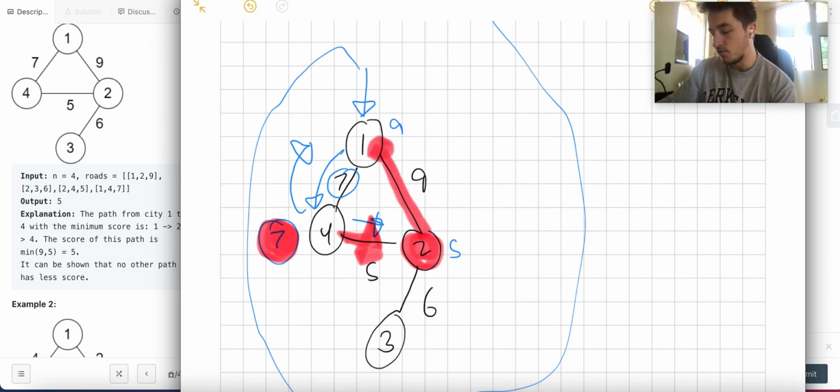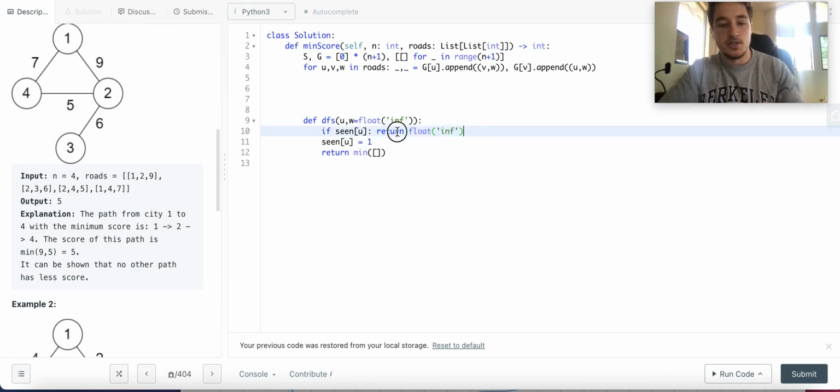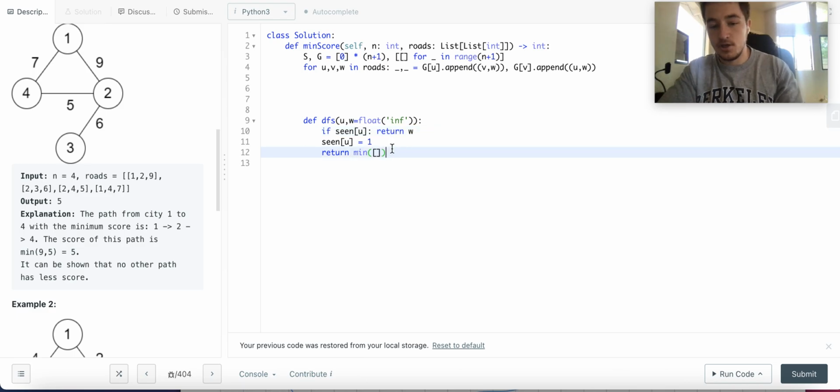But this has already been traversed, so it would return infinity, but it should return 9. So instead it should return the W value that the path took to get here, because that's an additional road to consider.